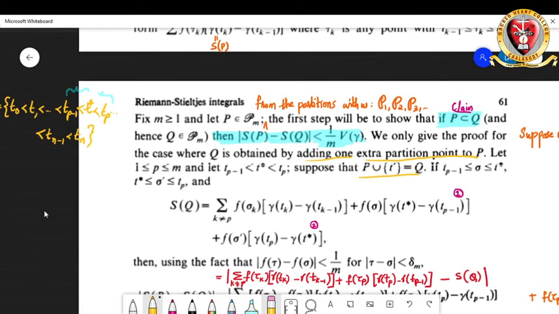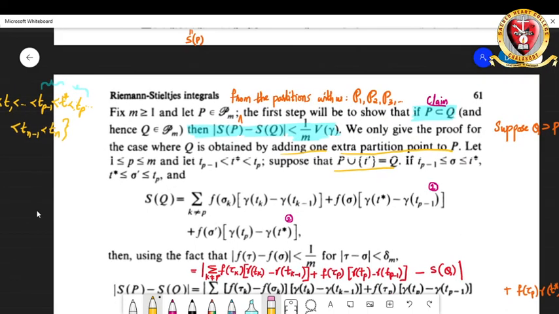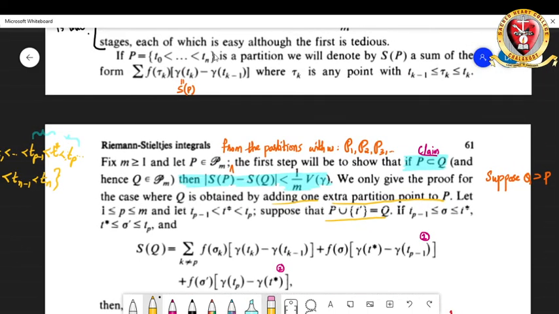Fine. So we defined a sum as S of P sitting here. Now we are going to find what S of Q is. S of Q is equal to the same sum sitting here, right? Since it is Q, instead of tau k, I am going to take sigma k from each of the subintervals.